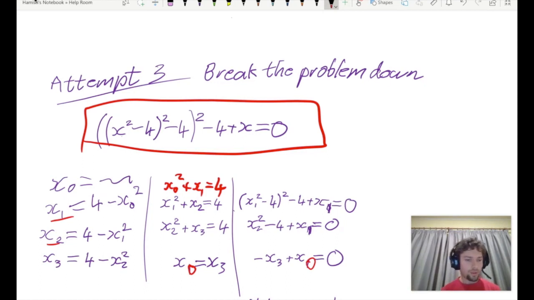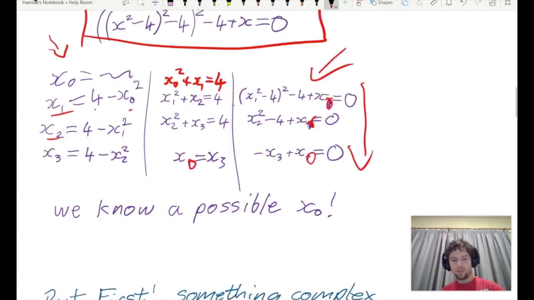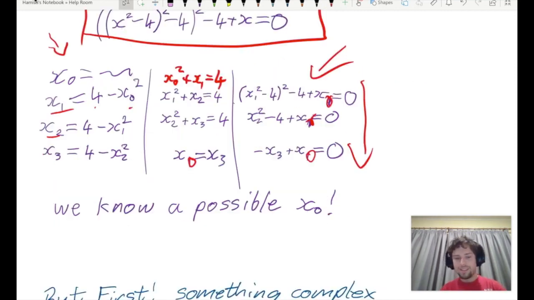So what we do is we define consecutive values of x by 4 minus the previous value squared. And so bear with me, what this does is it simplifies the equation all the way down until we get our first value of x is equal to our last value of x.